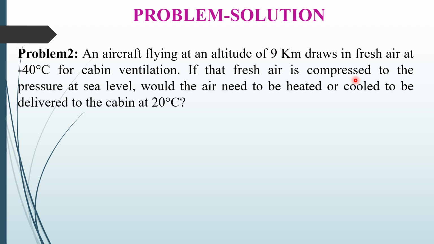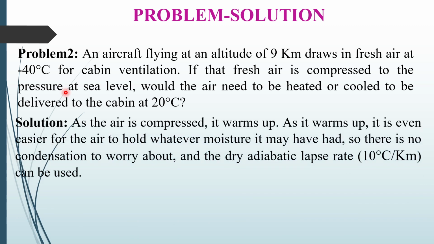And it needs to come to sea level. So for the total 9 kilometers at the dry adiabatic lapse rate of 10 degrees centigrade per kilometer, to come down to sea level the air will be 90 degrees warmer due to compression. So the temperature change will be 90 degrees centigrade, and the initial temperature is minus 40.